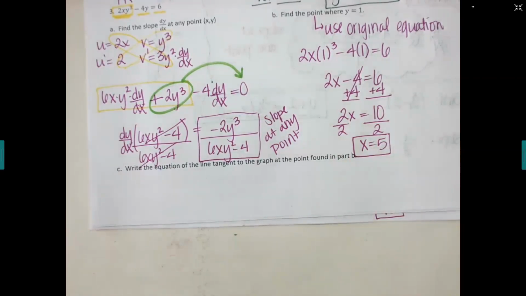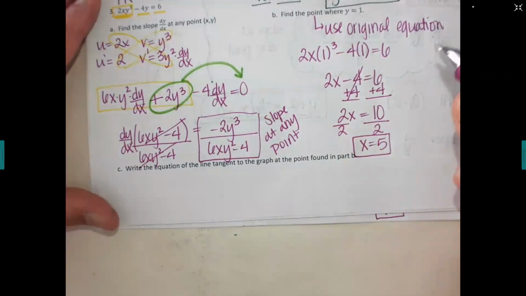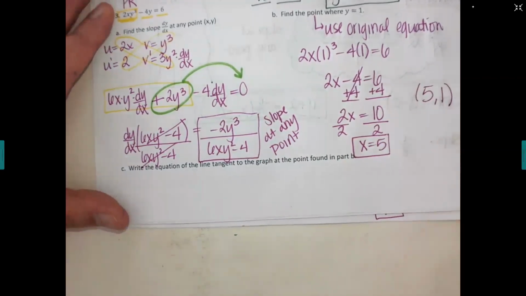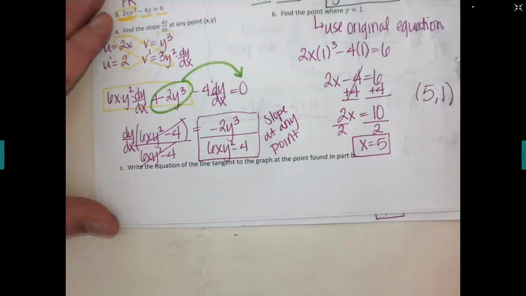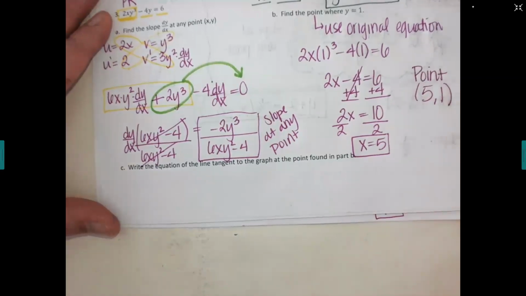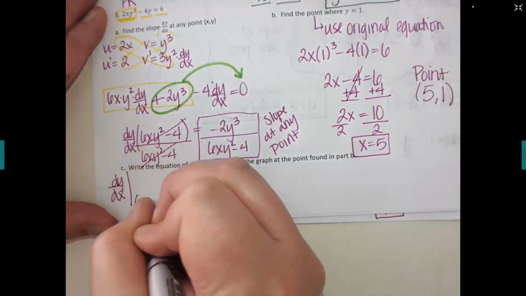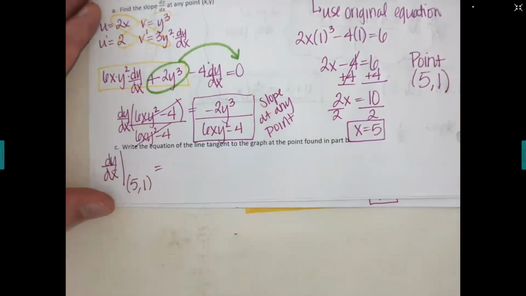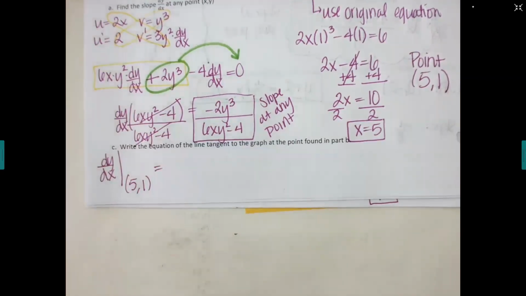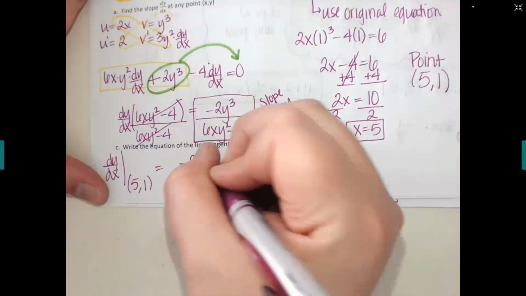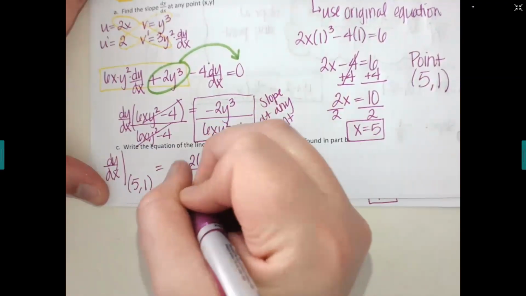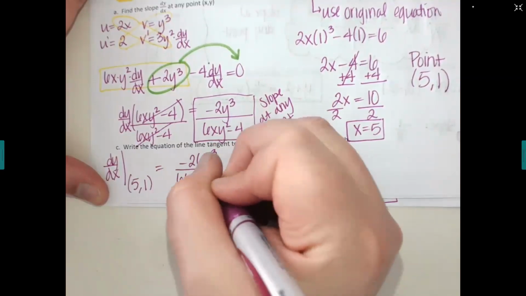So then down here for part C, it says write the equation of the tangent line. Now I have my full point, 5 comma 1. What's the other ingredient that I need besides the point? The slope. Okay, and remember your notation on that is dy dx, vertical line, 5 comma 1. And then you're plugging in to your dy dx equation, which is the kind of ugly fraction. So I'm going to have a negative 2 times y is a 1 cubed over 6 times 5 times 1 squared minus 4.